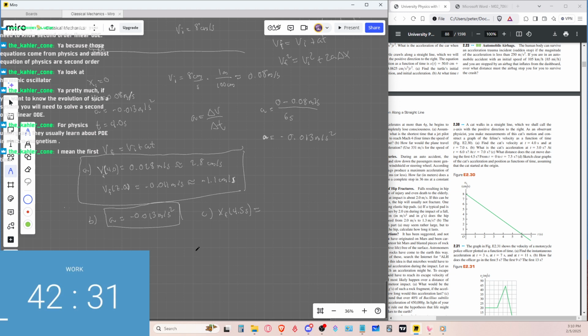So the distance the cat covered was 22.8 meters. Let's multiply that by 100, so that's around 22.8 centimeters.